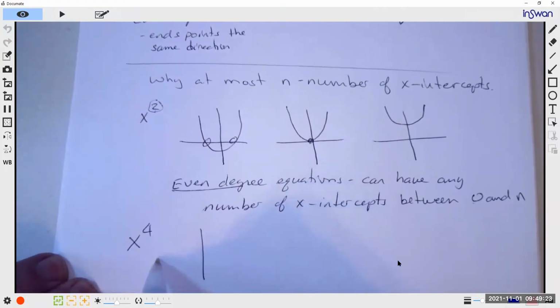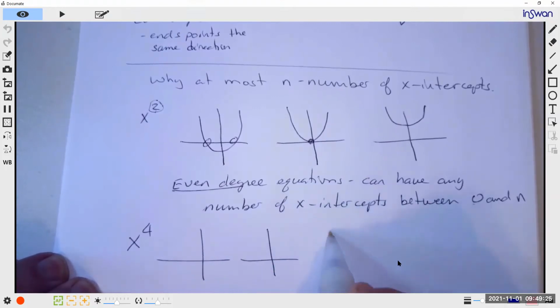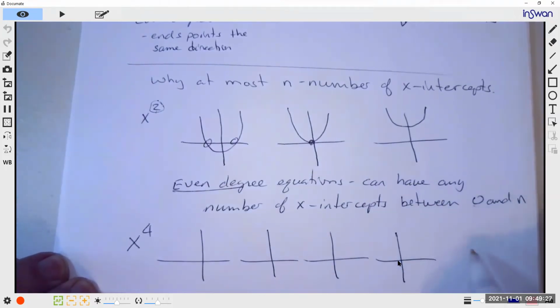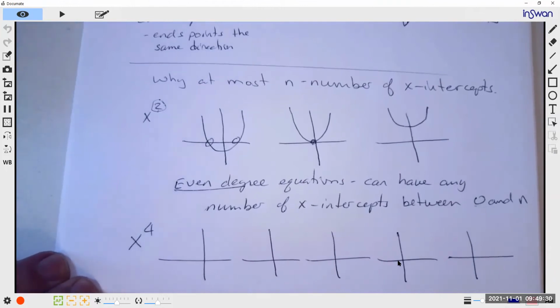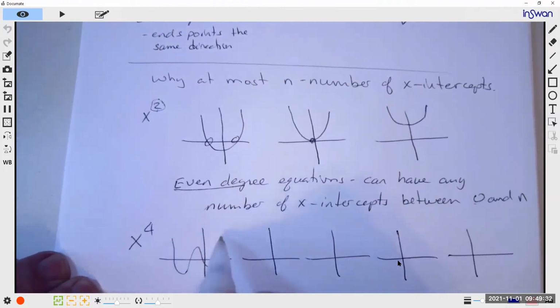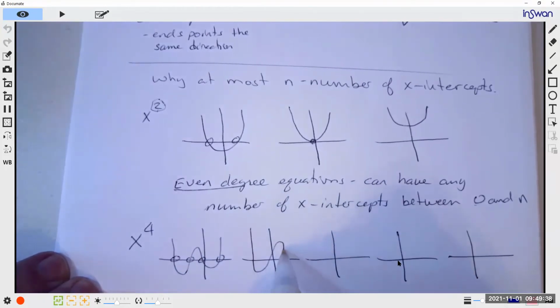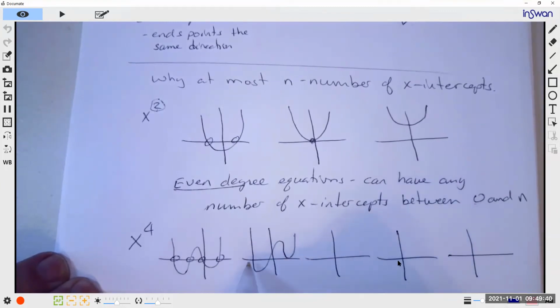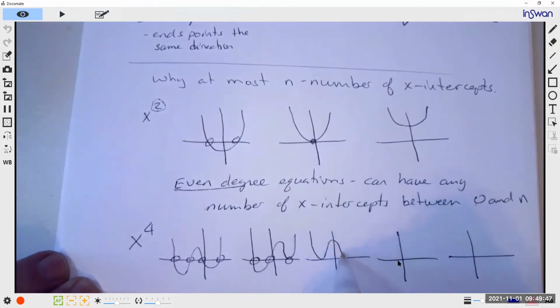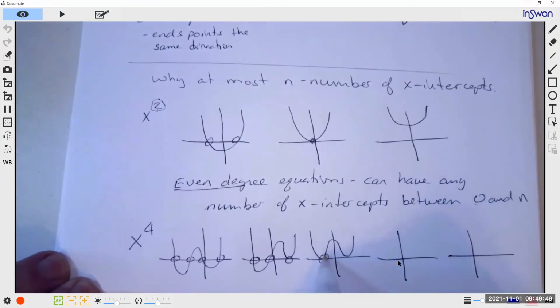So let's look at x to the 4th. We can have 4 x-intercepts. We can have 3 x-intercepts. We can have 2 x-intercepts.